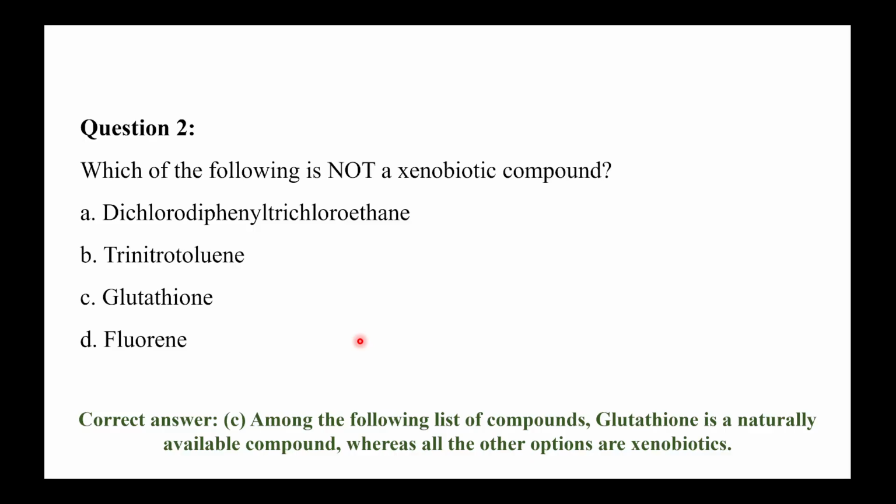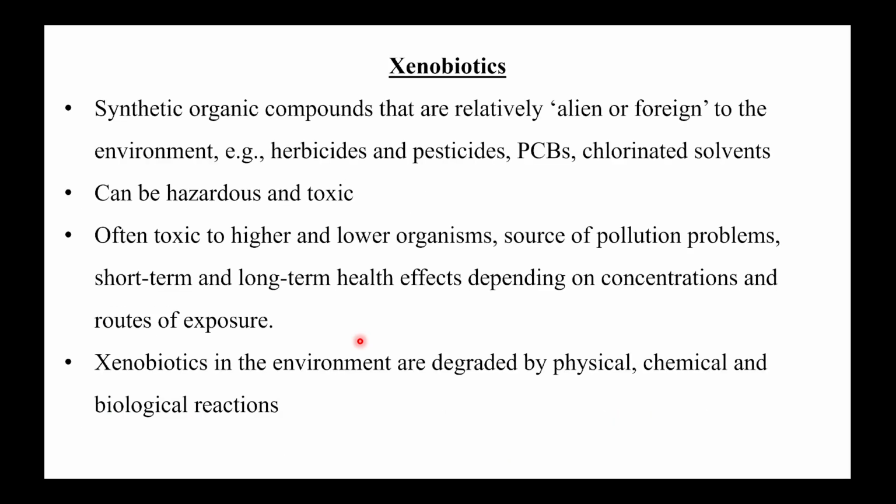Xenobiotics are compounds which are not naturally present but synthesized via chemical methods in a laboratory and used for different applications. So these are synthetic compounds, not naturally produced by any living organism. They are synthetic organic compounds that are relatively alien or foreign to the environment.